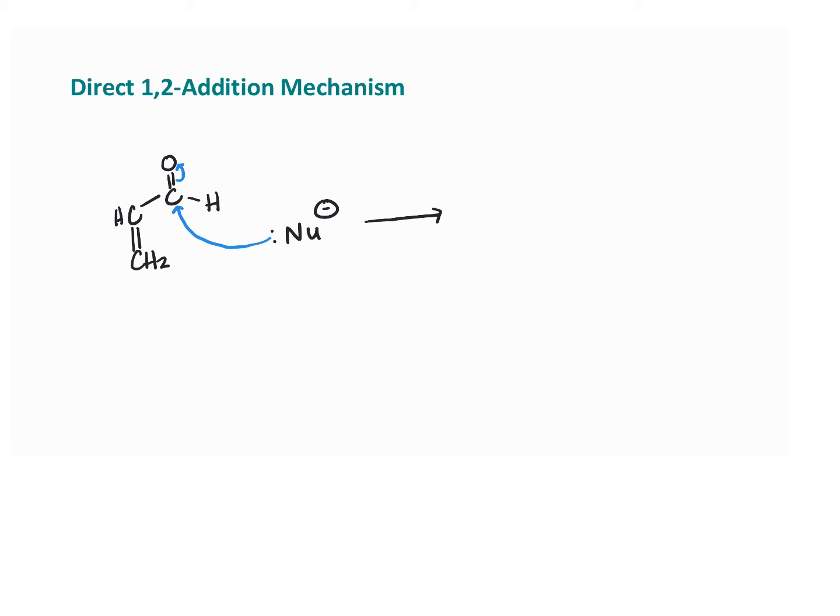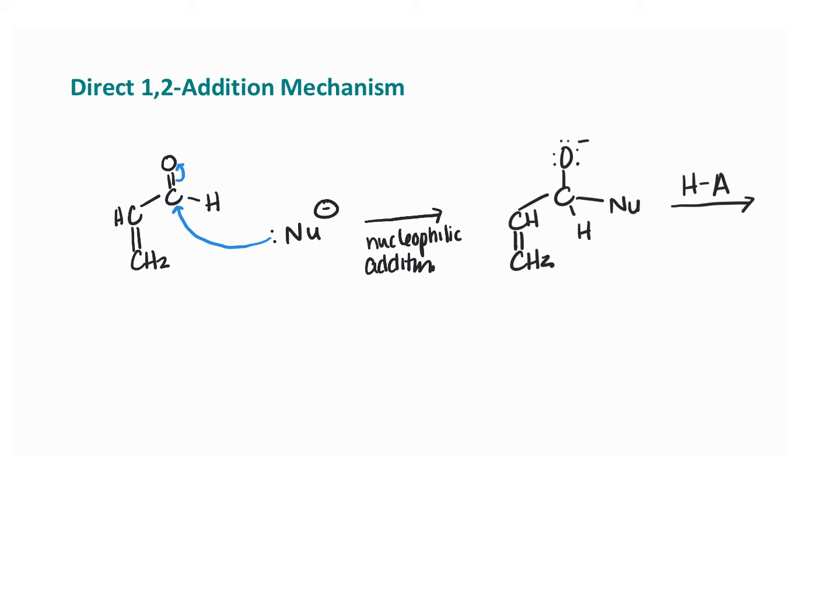Okay. Now, once that happens, we're going to follow our arrows. That's a nucleophilic addition. And here, then we are going to have an acid, which I'm going to represent with a generic HA.